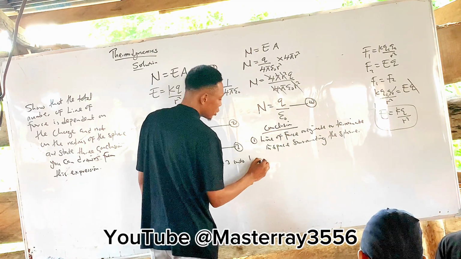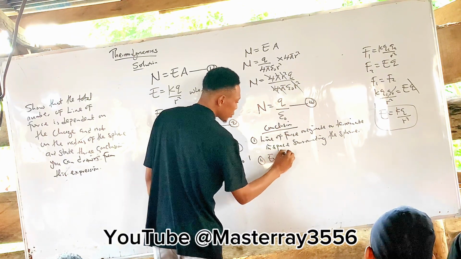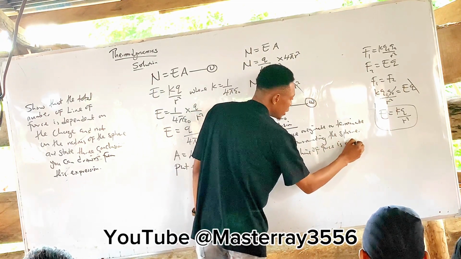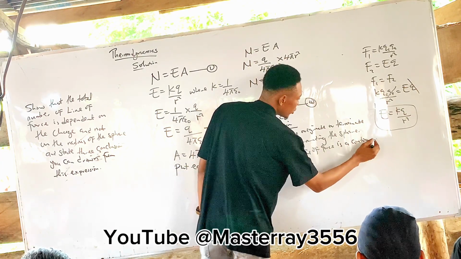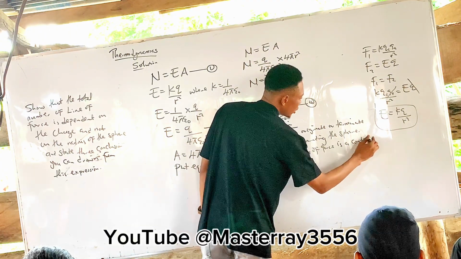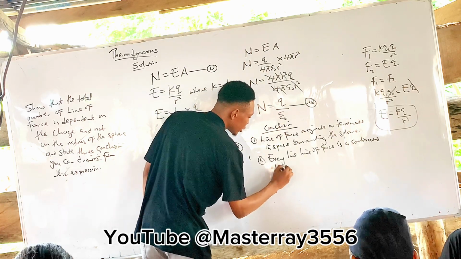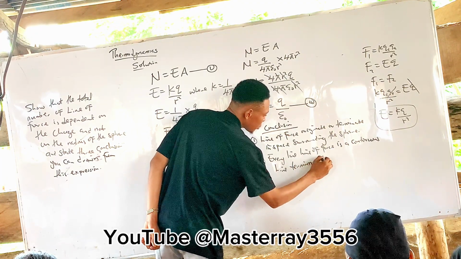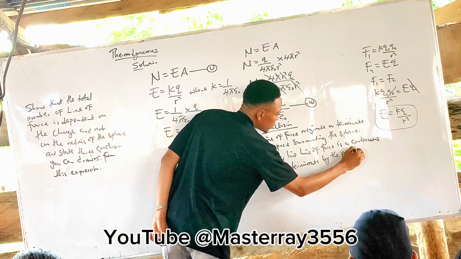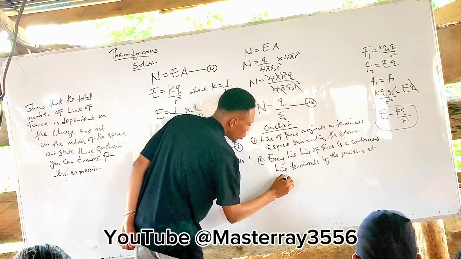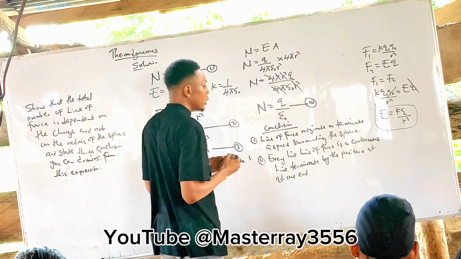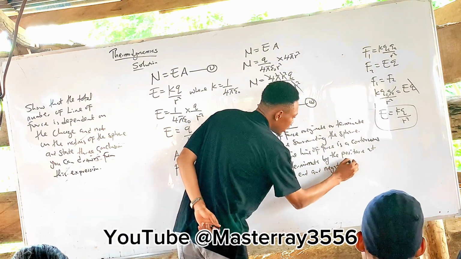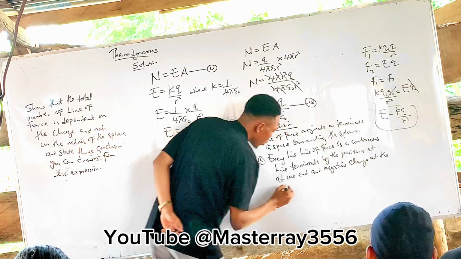Number two: every line of force is a continuous line that terminates at a positive charge at one end and a negative charge at the other end.